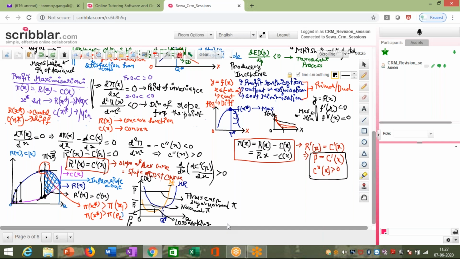So this portion of the marginal cost curve, from the minimum point of the average cost curve upward, is your supply.